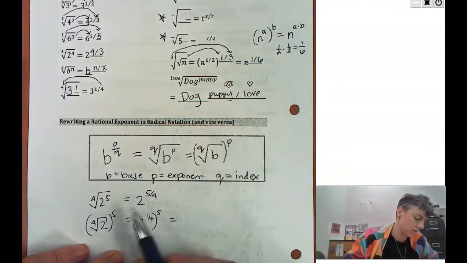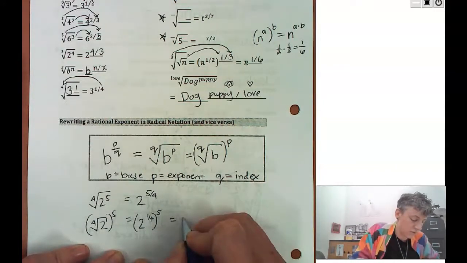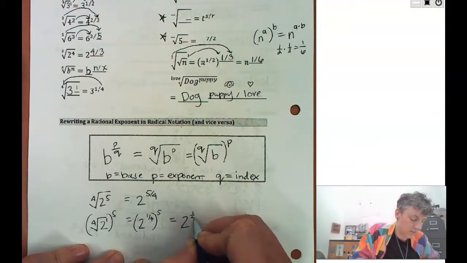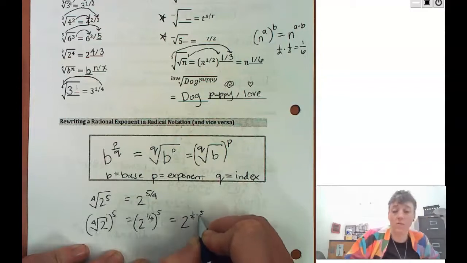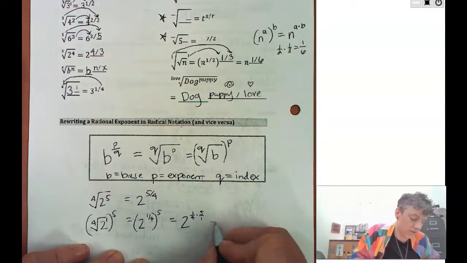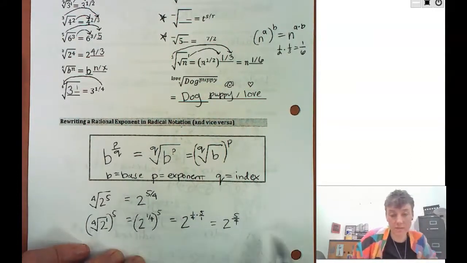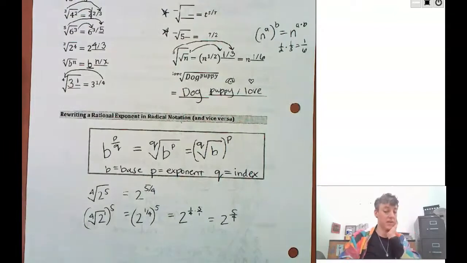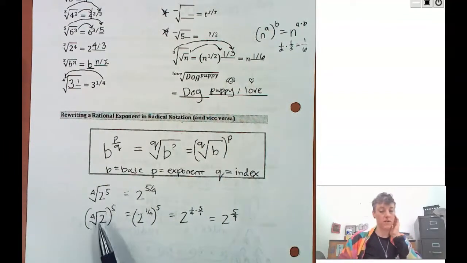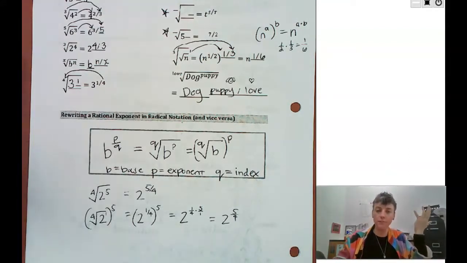So we're going to multiply 1/4 times 5, to the 1/4 times 5. I can make that 5 over 1. Multiply straight across. We get 2 to the 5 over 4. Got it. Yeah, they're the same. Cool. So your exponent can be on the outside or it can be underneath your radical as part of your radicand. Great. You guys are doing so good. Let's keep on cruising on, shall we?